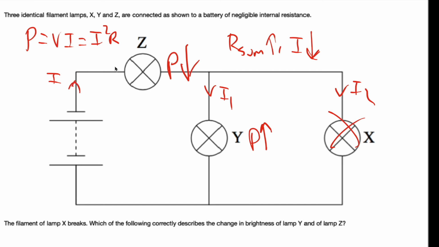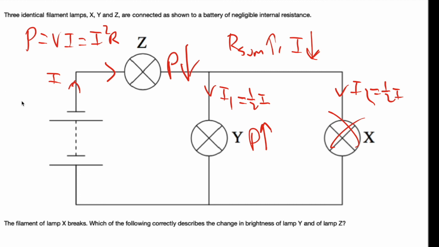So if current I is flowing here, then here it's going to be half I for I1, I2. If X is broken, the current flowing to lamp Y is going to increase, and you can actually prove it.